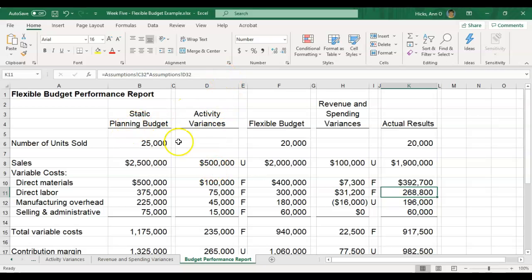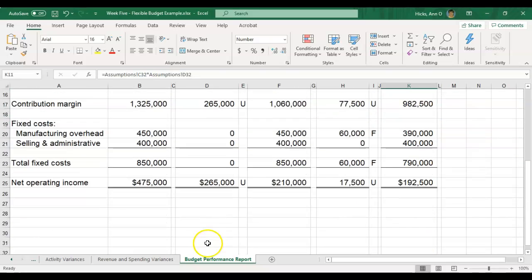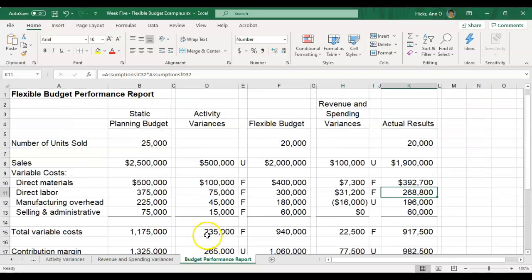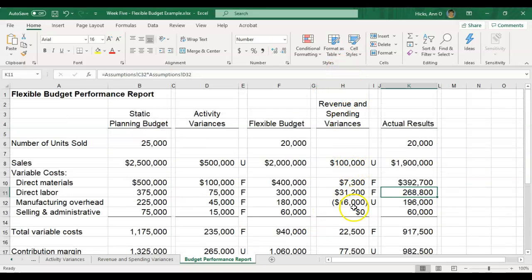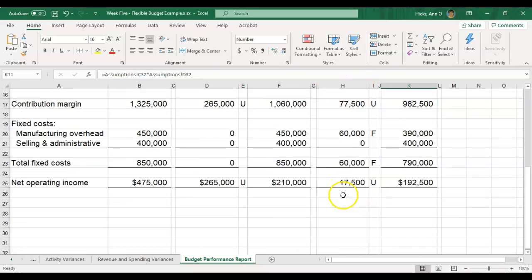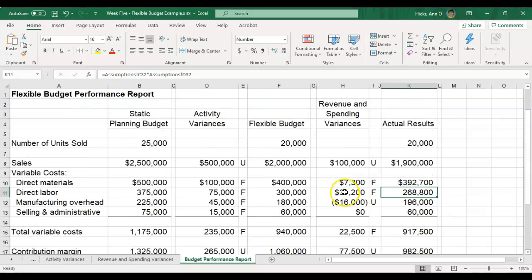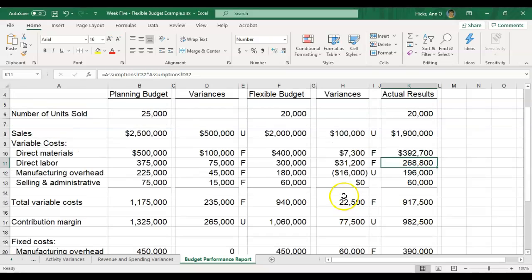The difference between your static planning budget and your flexible budget are your activity variances, the variances that arose because we sold fewer units, and between the flexible budget and the actual results, we see our revenue and spending variances. Those variances that arose strictly because the price was different or the costs were different on a per unit basis.